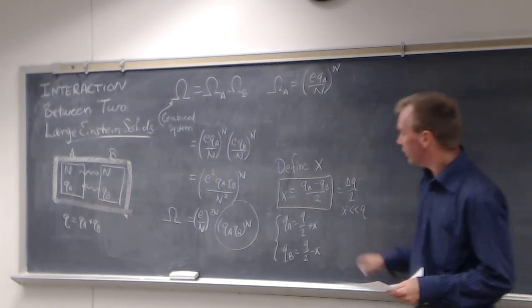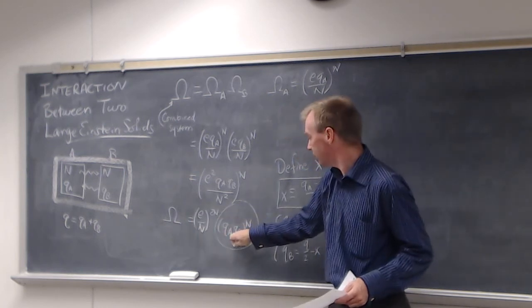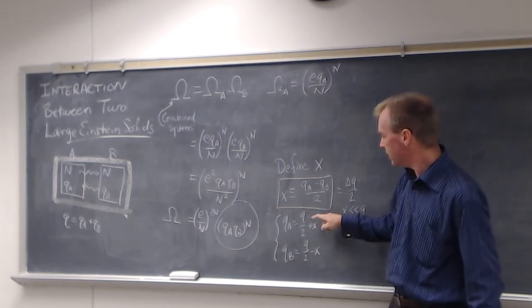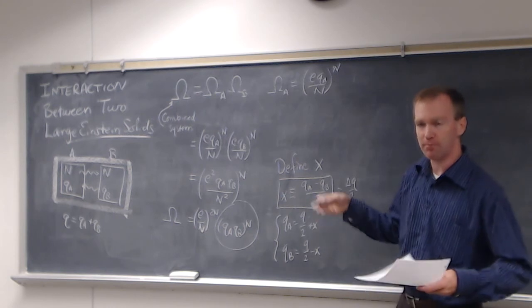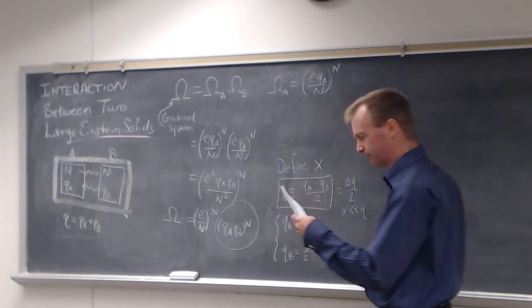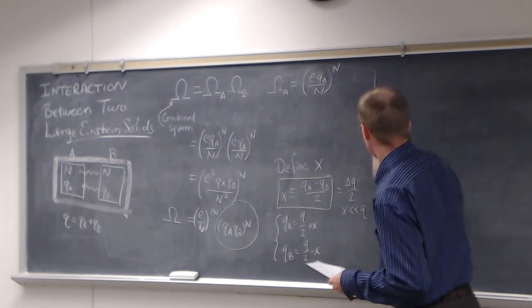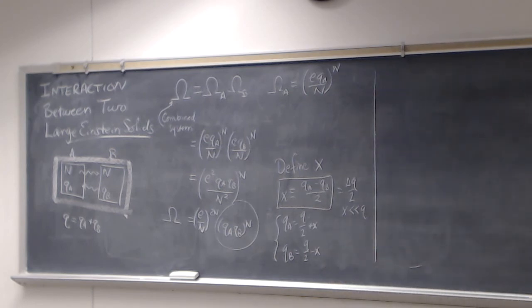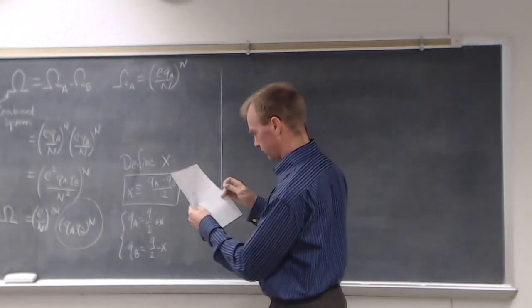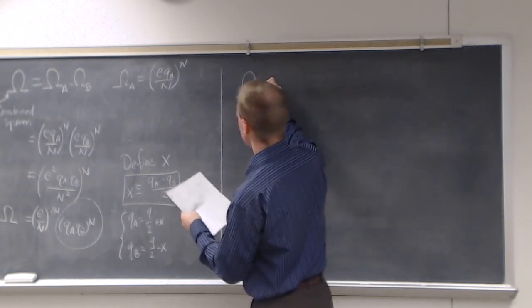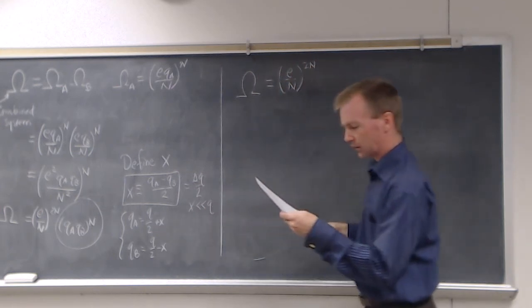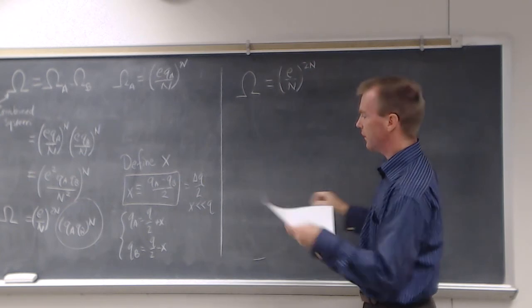Okay, so let's rewrite this multiplicity formula that's now in terms of QA and QB and put it in terms of Q and X. This way, we've got Q, which is the total number of energy units, and only one arbitrary, abstract term, which is X. So the first term, E over N to the 2nth power.